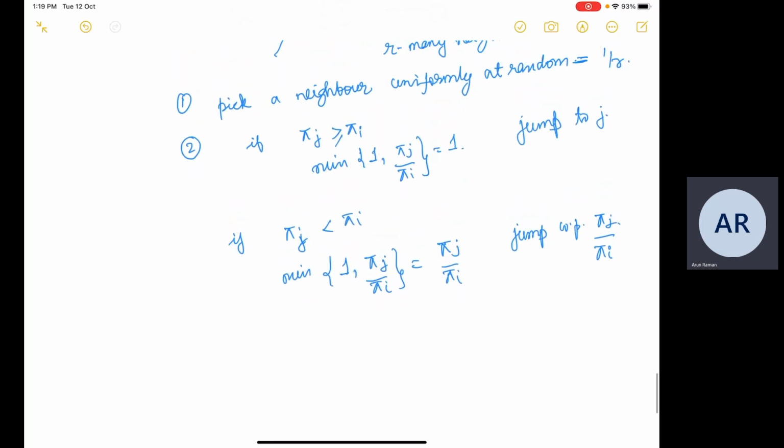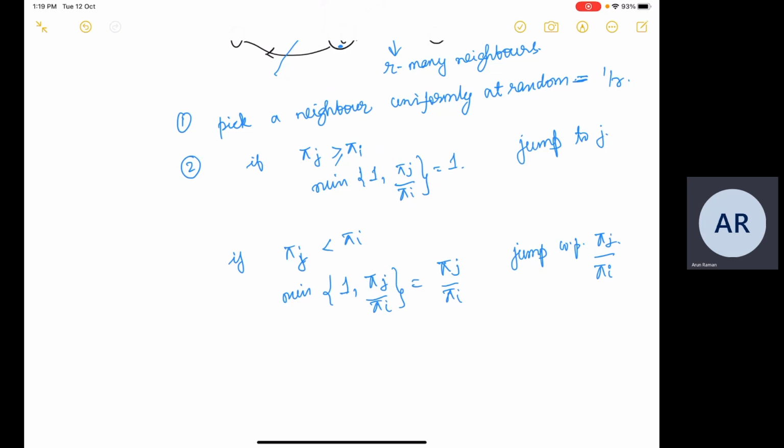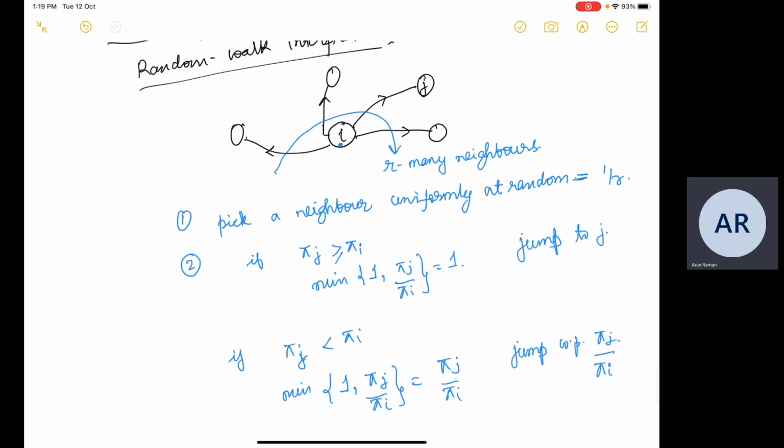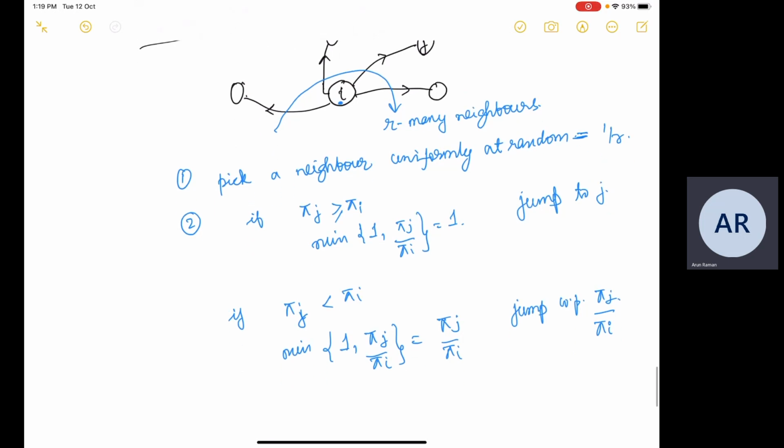In terms of a random walk interpretation, suppose we are at state i. First we pick a neighbor uniformly at random, with probability 1 by R. Then, because we are already given the vector pi, we calculate the ratio pi_j by pi_i. If pi_j by pi_i is greater than 1, then we jump to j.